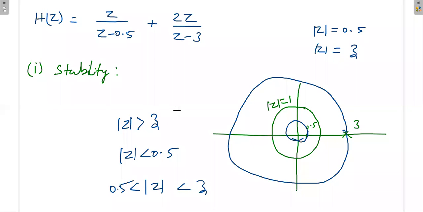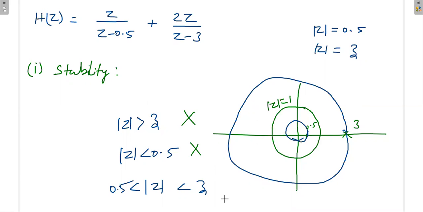So now if I choose the first one, I cannot include the unit circle. That means I will be going outside 3, so I cannot include the unit circle. That's why I cannot get the stability nature. Suppose I go inside the 0.5 circle, again I am not including the reference circle, the unit circle. In this case also we cannot get stability, because for stability we definitely have to include the unit circle.